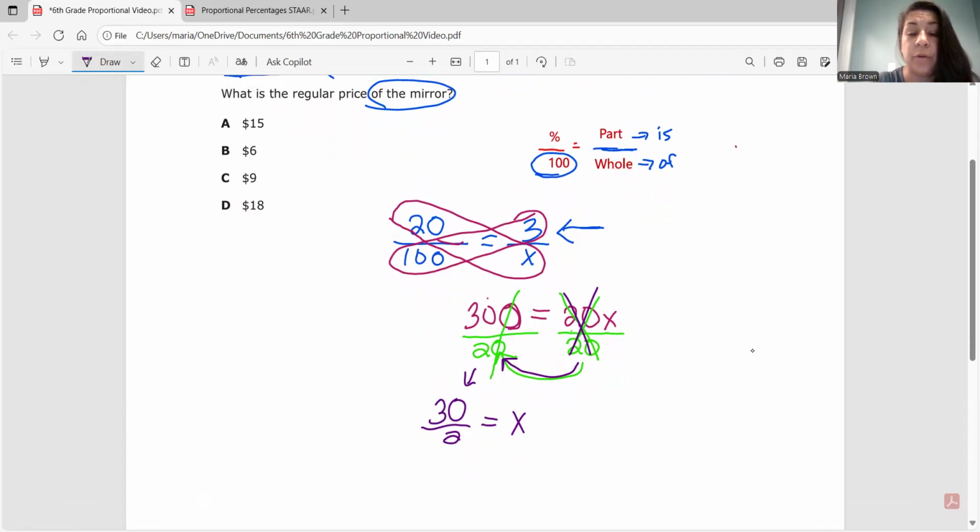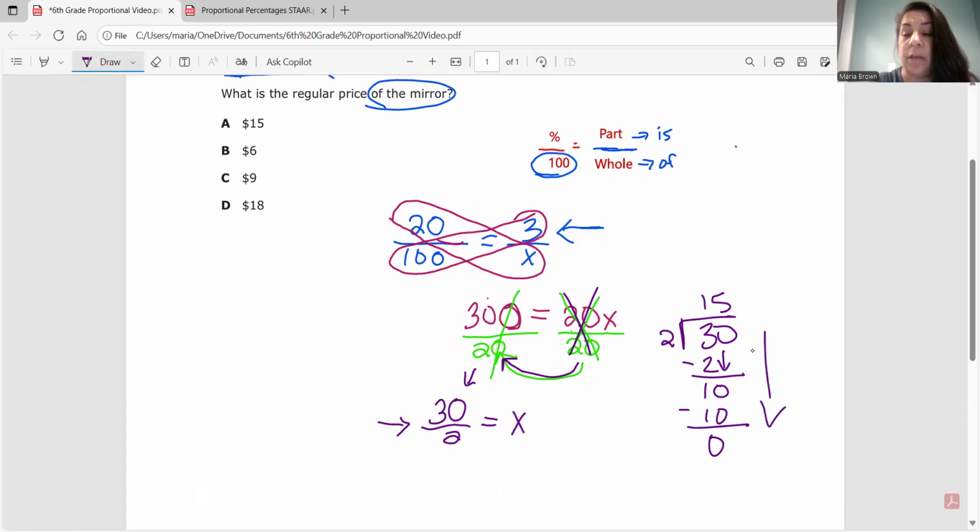So if we do 30 divided by 2, because remember this line means to divide, we are going to divide that by 2. 2 goes into 3 one time. That gives us 2. Minus that, gives us 1, bring down the 0, and that's 10. 2 goes into 10 five times, that equals 10, minus it, 0.